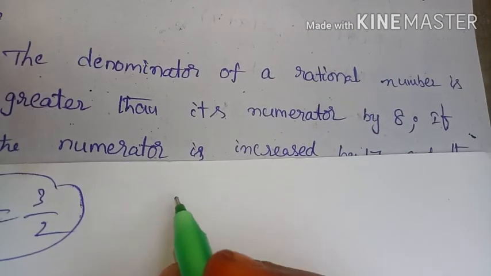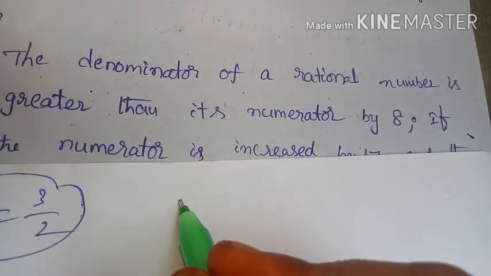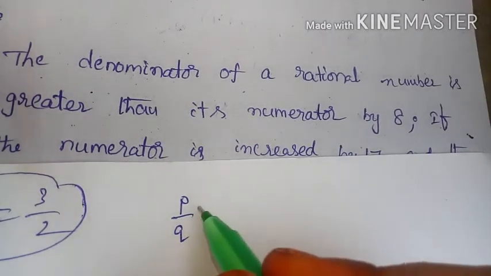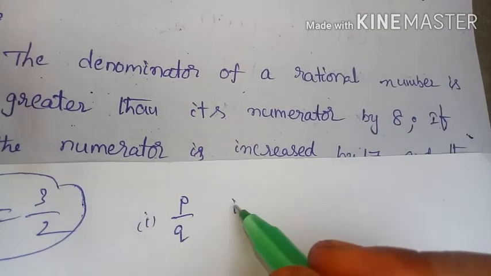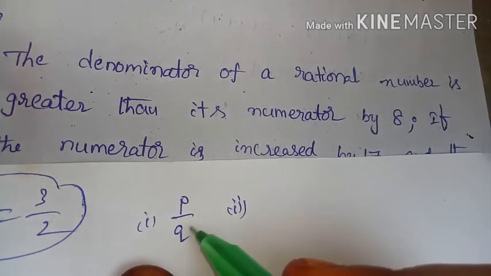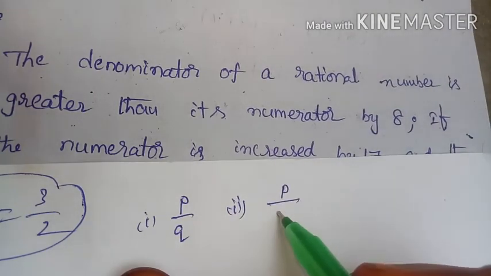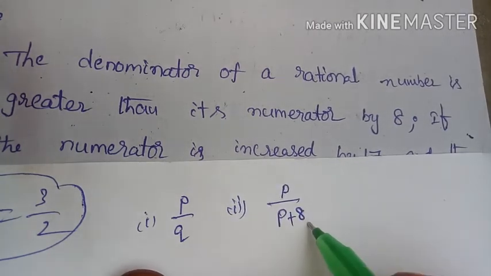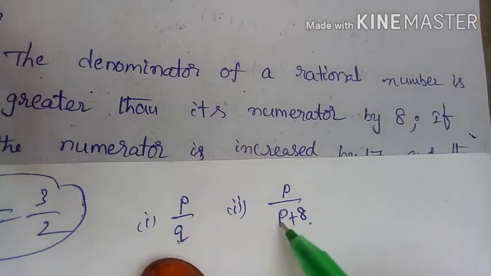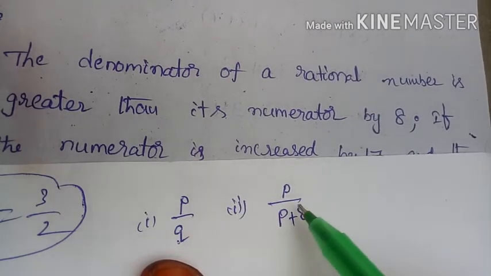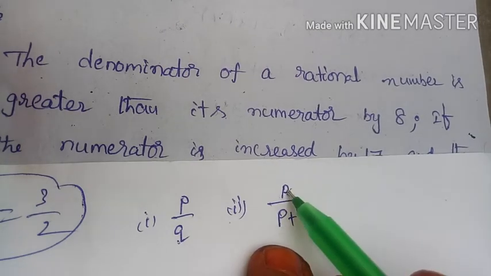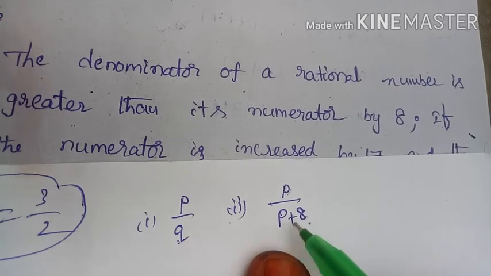So we don't know the rational number, then you take it as p by q or x by y or a by b, whatever. So here first condition is the rational number. Second clue, the denominator q is increased from the numerator by 8, more than p by 8, so p plus 8.